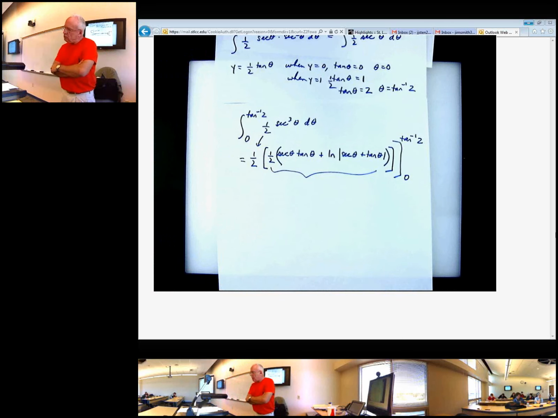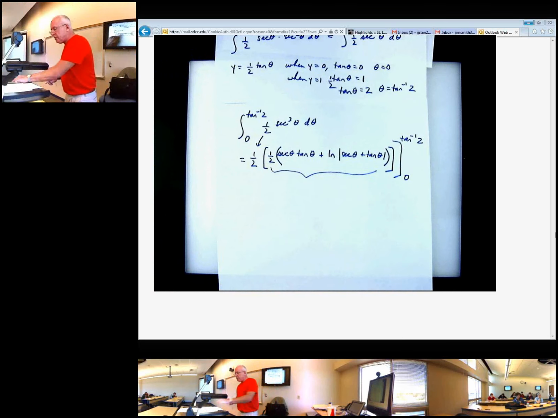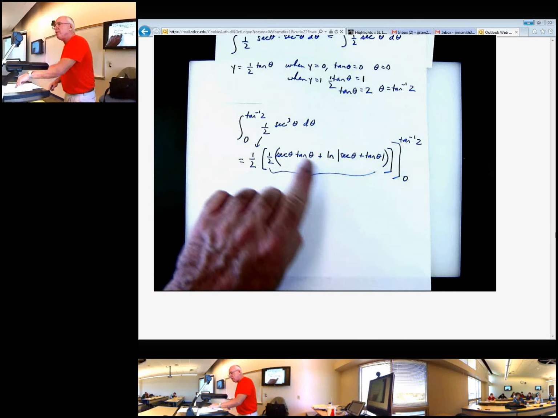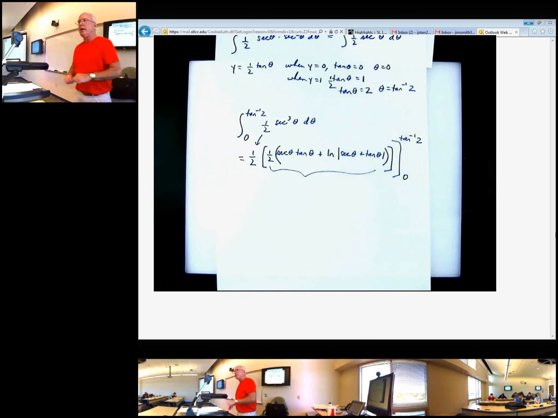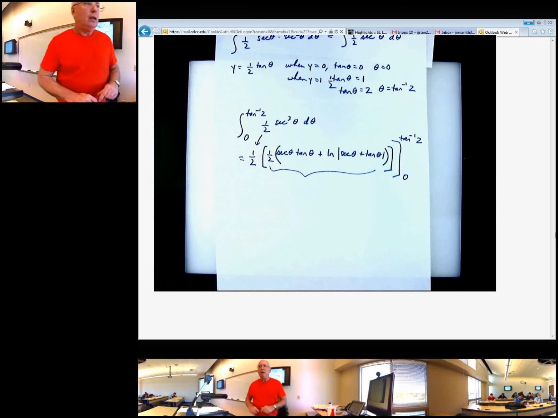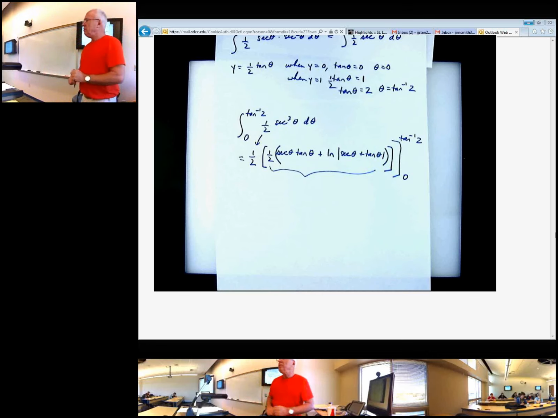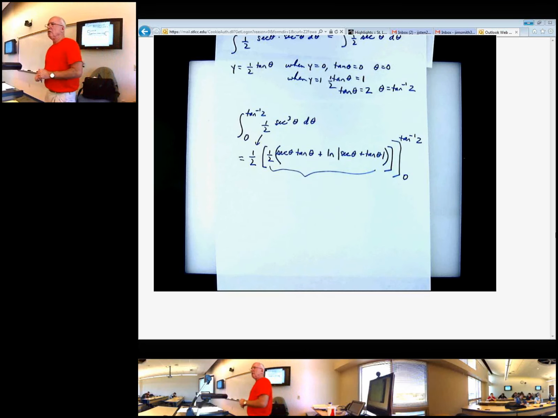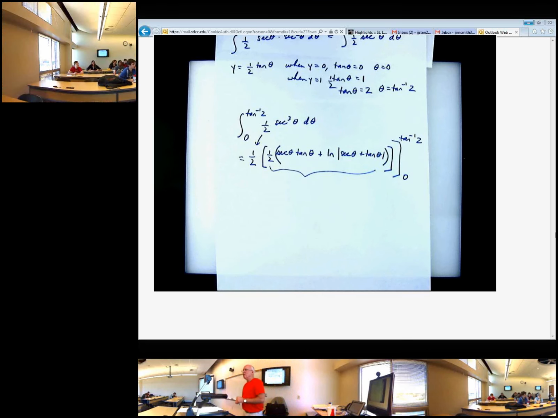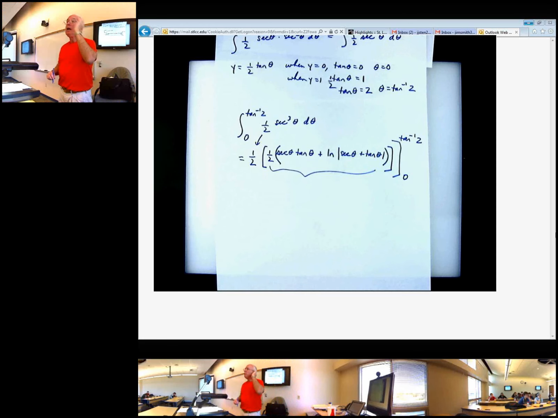Now, notice what we have to plug in here. We have to figure out what the secant is of this angle, and what the tangent is of that angle. How can we do that? Yeah, draw a triangle. Exactly.